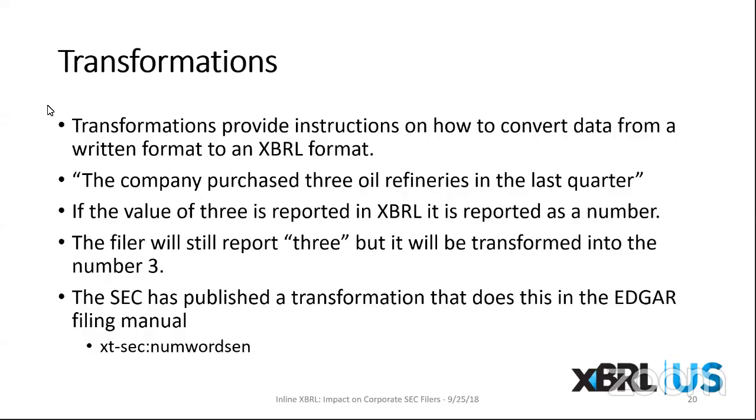The word three there needs to be tagged as an inline fact, but it's an integer data type, and the integer data type in XBRL only accepts the number 3 as an input. You can't type out the word three. So the filer still has to report that, but other than using a hidden fact, how do you do that? Well, you can use transformations.